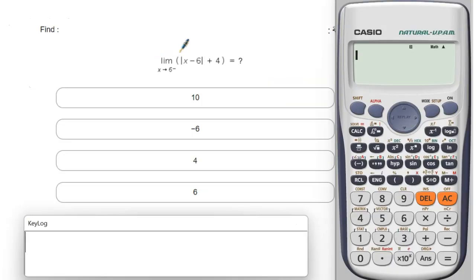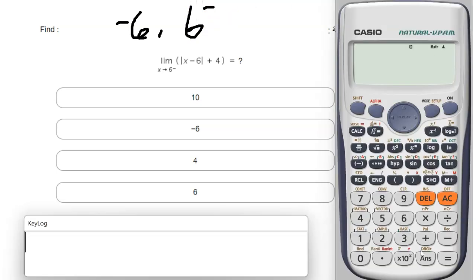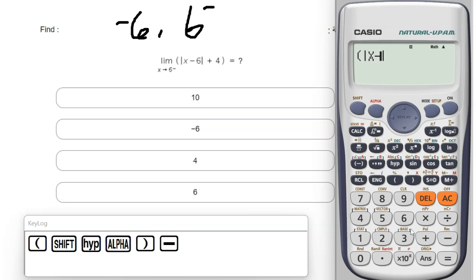Now, we have a limit as x approaches 6 from the left. We have to be very careful with -6 and 6 minus. This one approaches -3, and this one is approaching 6 from the left side. So let's pick bracket, absolute is here, then x minus 6, plus 4, close it.